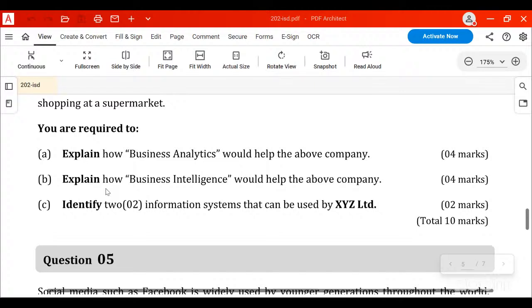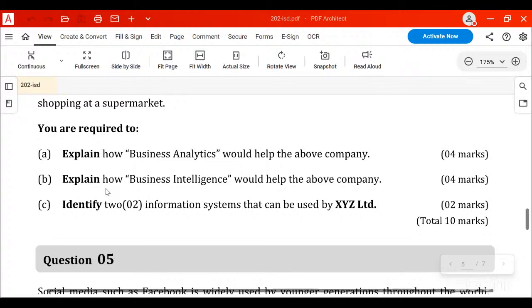The question is, what is the purpose of business analytics? This analytics would help identify sales trends, customer preferences, and inventory patterns to optimize product offerings and improve decision making.